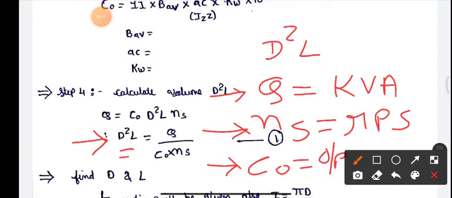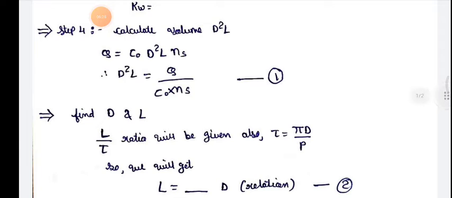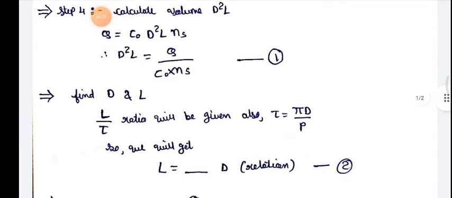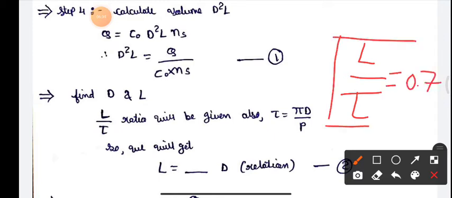Right, now after finding this, the last step, in the numerical you will be provided with the L by tau ratio. Suppose it is given as 0.7. From this ratio we need to separate D and L. But here tau is given, whereas we require D, the diameter of the stator core.